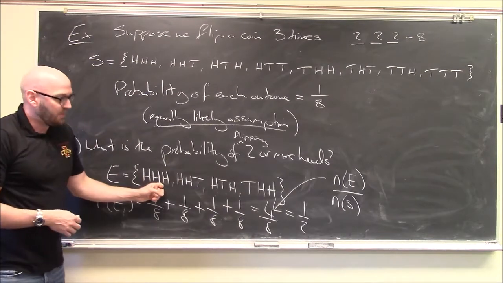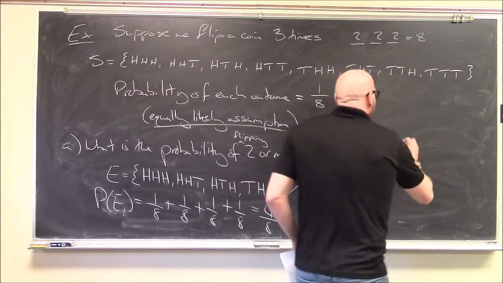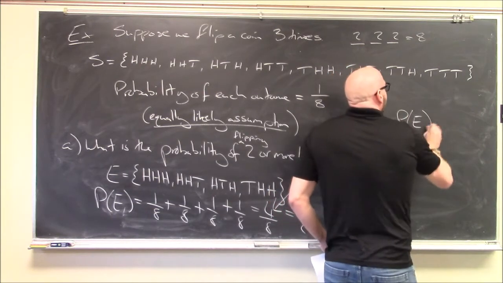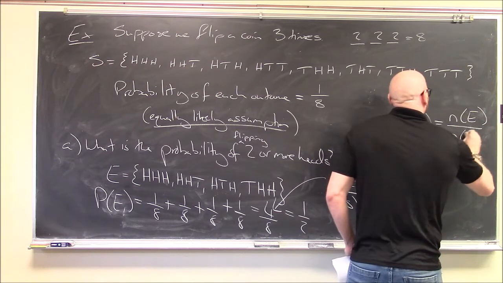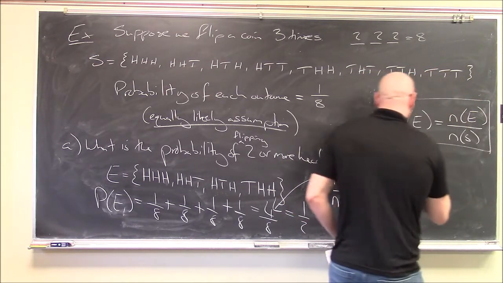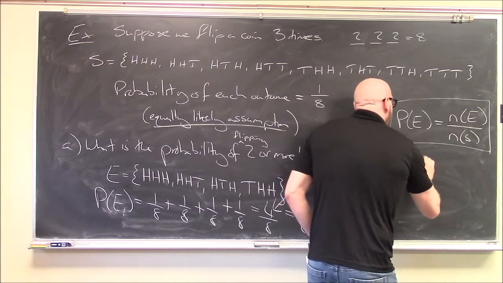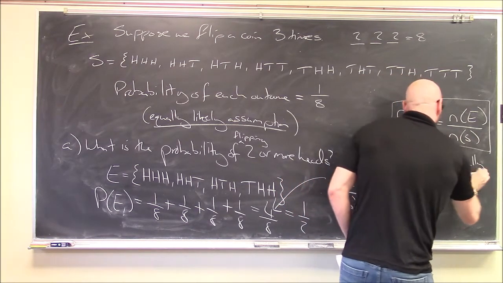It's the number of elements in the event over the number of elements in the entire sample space. So the probability of E is n of E over n of S, if we have the equally likely assumption.